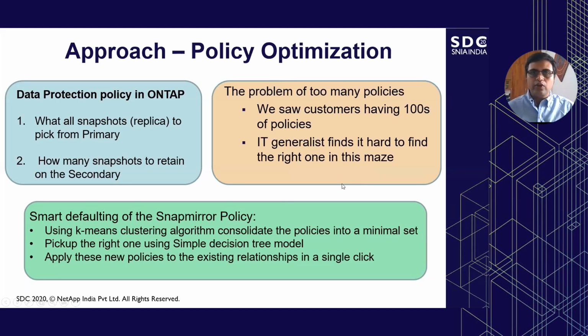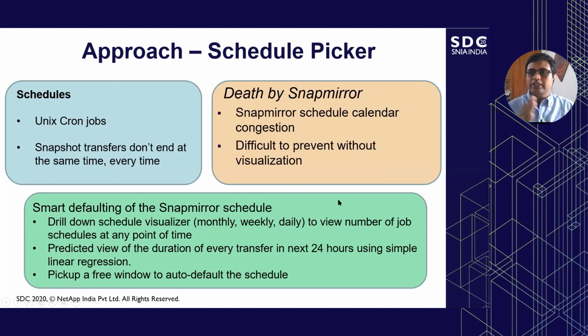But let me talk about our approach for the second problem that I spoke about, which is about scheduling. The schedules in ONTAP are regular Unix cron jobs. These can be like transfer a snapshot every 5 minutes, transfer a snapshot every hour, transfer it on a daily basis, or transfer it on a weekly, monthly, or whatever the user feels like.